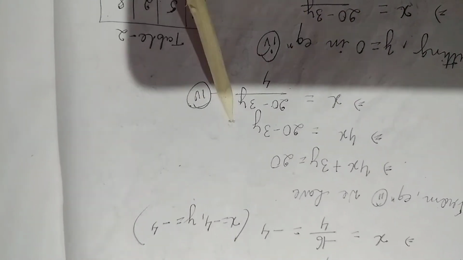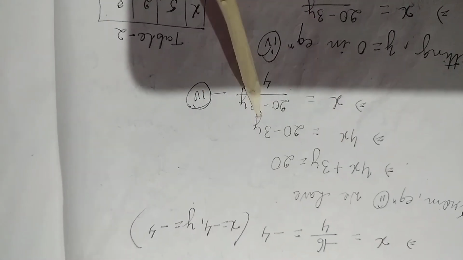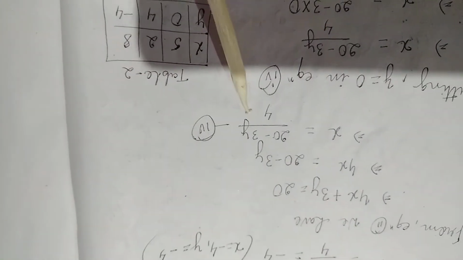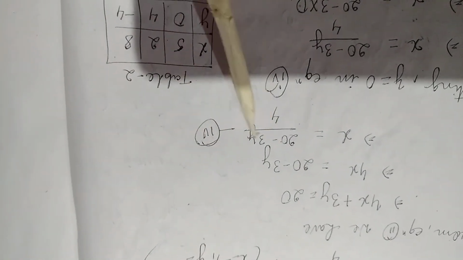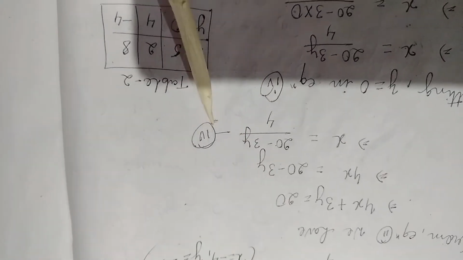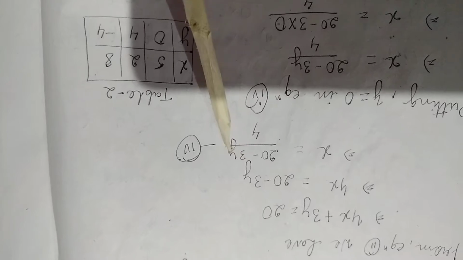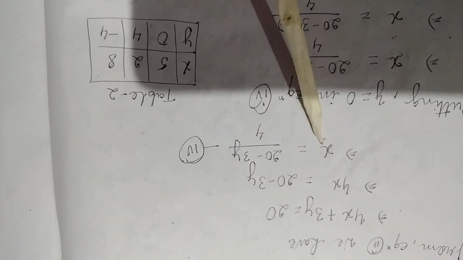So y will go to the right, plus becomes minus. Now the variable is here, and the coefficient becomes the divisor. So what we get ultimately is 20 minus 3y divided by 4. This we represent as equation 4. So now we will take 3 values of y and we will get 3 values of x.